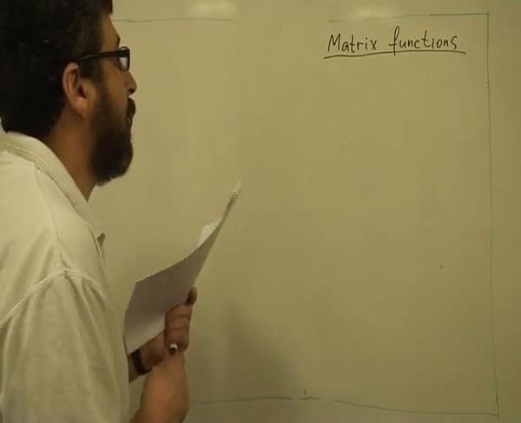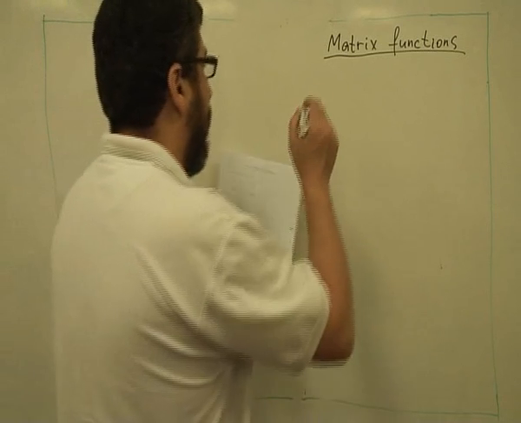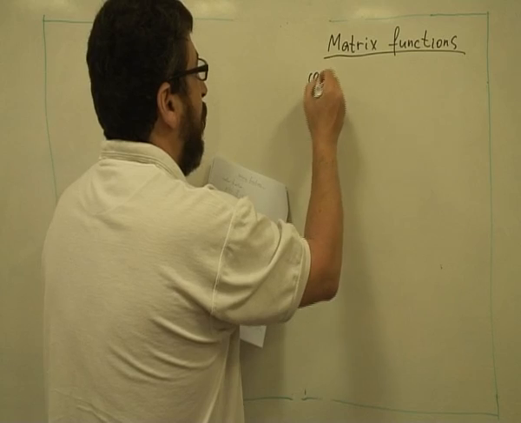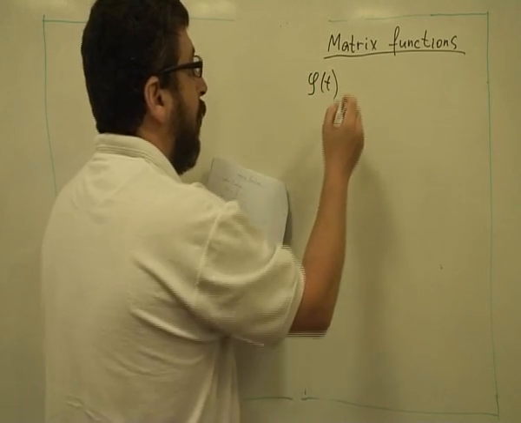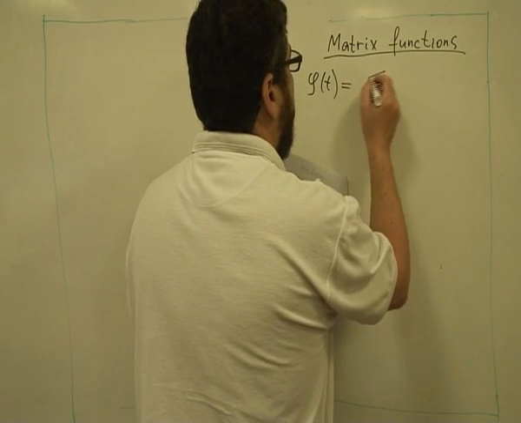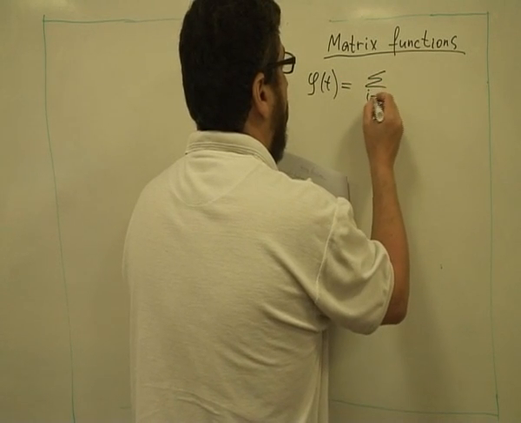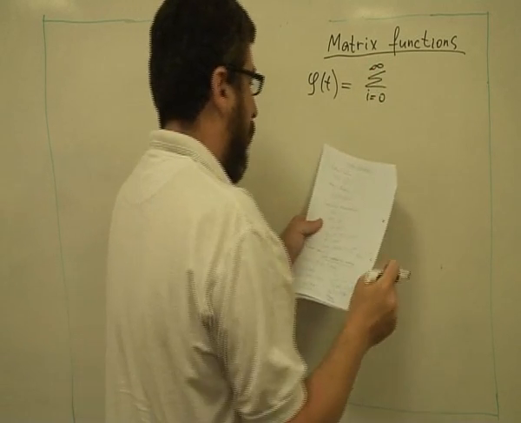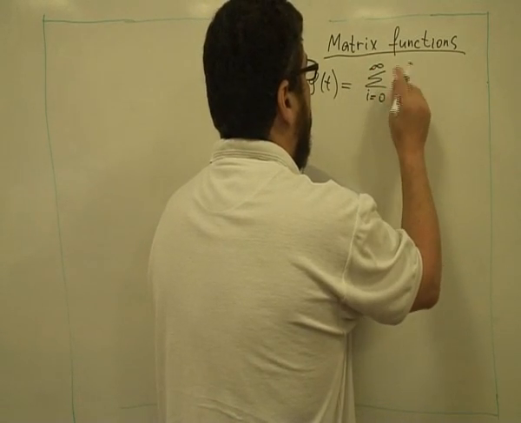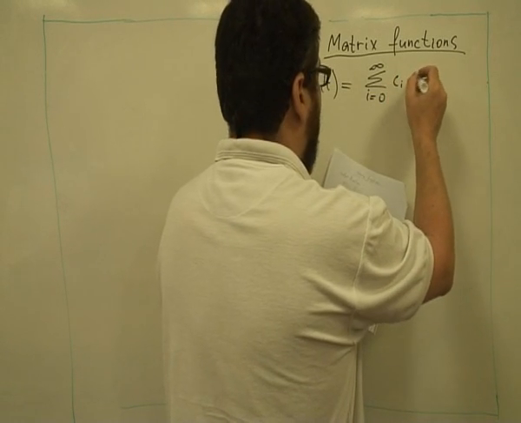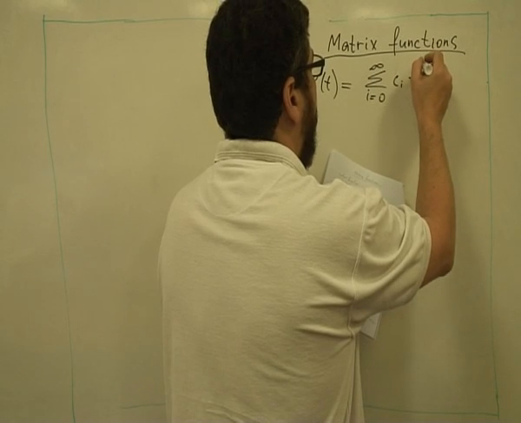So suppose that we have a usual scalar function of one variable, for example phi of t, which has a polynomial expansion, sum over i from 0 maybe to infinity, or maybe a finite representation, c_i t to the power i.